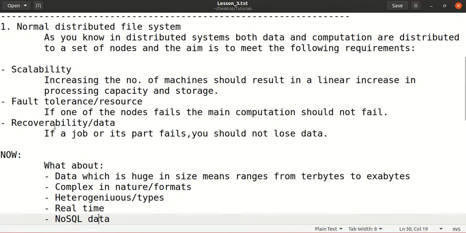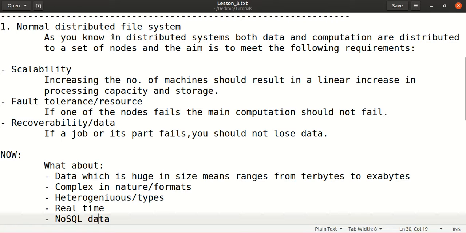So the first topic is normal distributed file system. Before going to the Hadoop environment or Hadoop distributed file system, it is better to first understand what is normal distributed file system and how it is different from Hadoop environment.